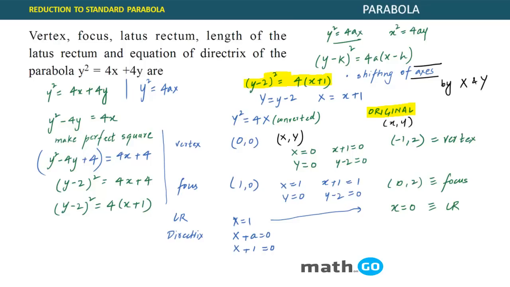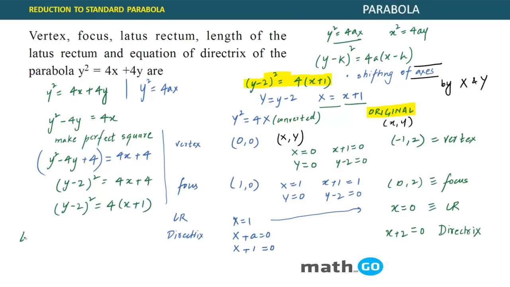Now I guess you are getting what I'm doing every time. Just replace capital X by x plus 1, because that is the substitution that I'm using. So this reduces to x plus 2 equal to 0. So this is the equation of the directrix of our required problem.